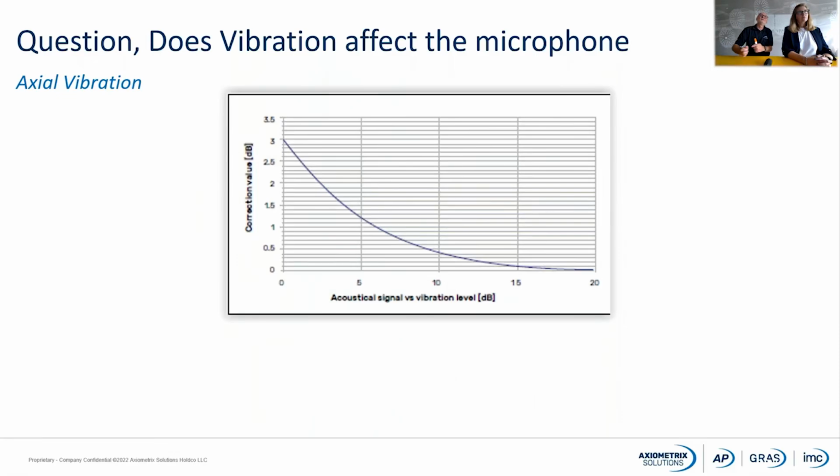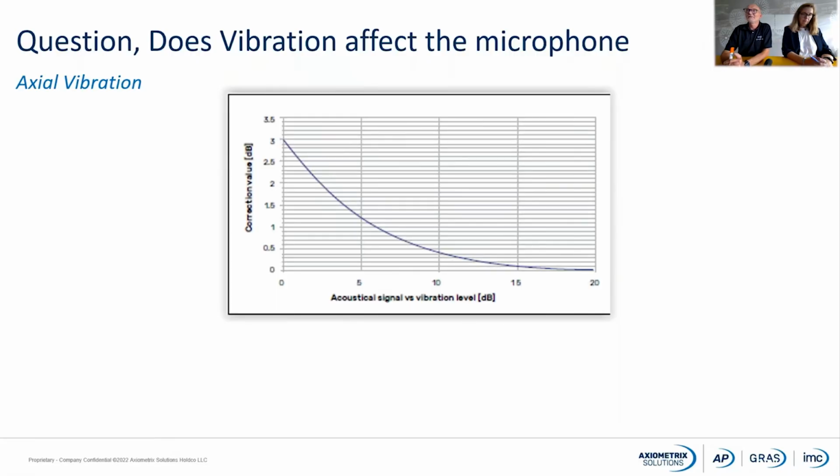But a method for doing that is, if it is possible to measure the vibration level in the position where you have mounted the microphone, then it's a good idea to do that.